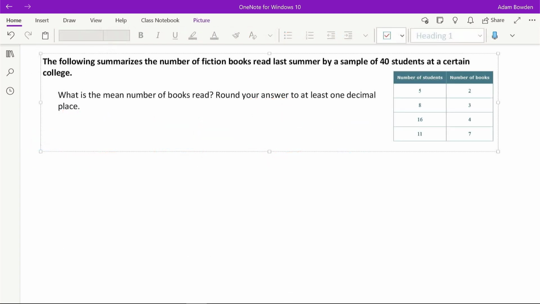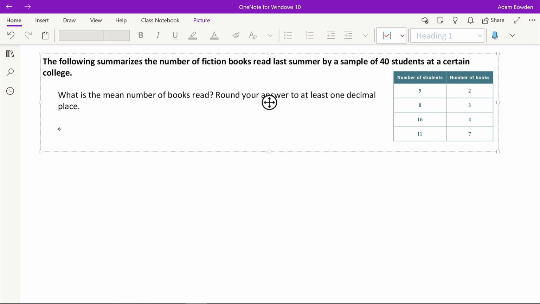This particular table here summarizes for 40 students the number of students to the number of books read. And we're going to create a mean for the number of books read from this information here. Now this is a frequency table.